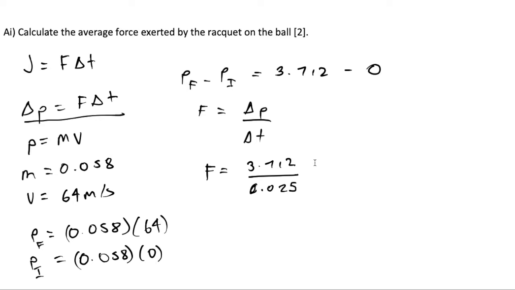We always need to have it in seconds. When we divide them, we get 3.712 divided by 0.025, you get 148.5 newtons, which is approximately 150 newtons, and that's your average force exerted by the racket on the ball.